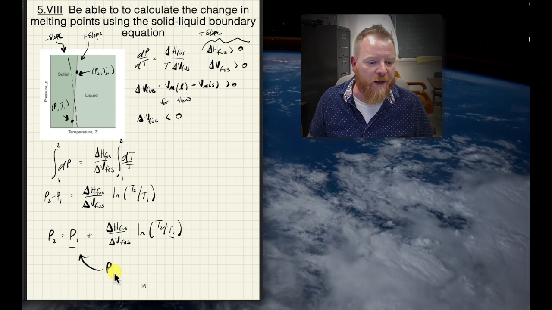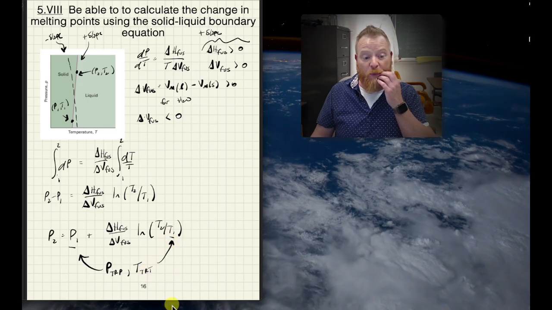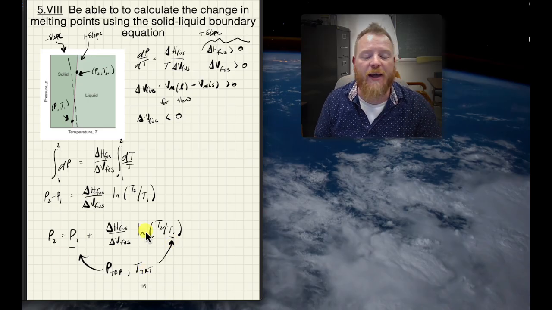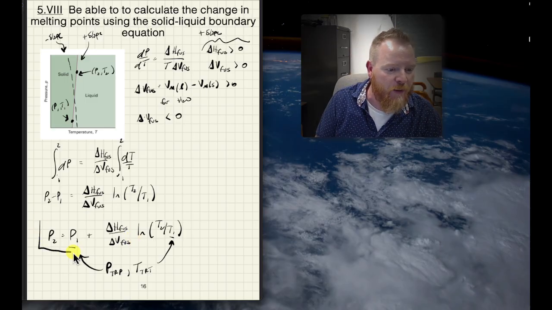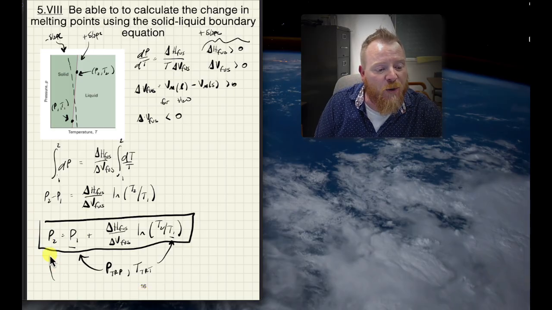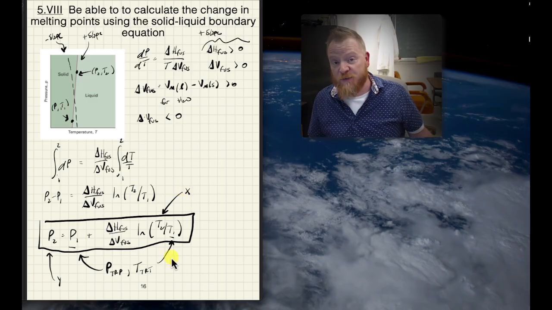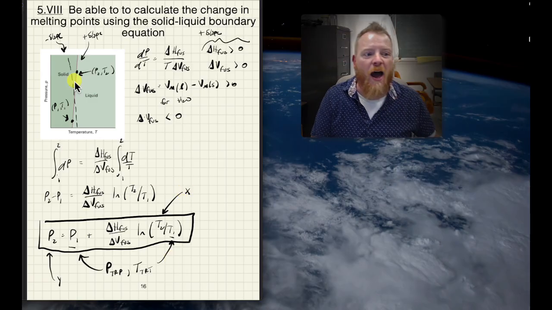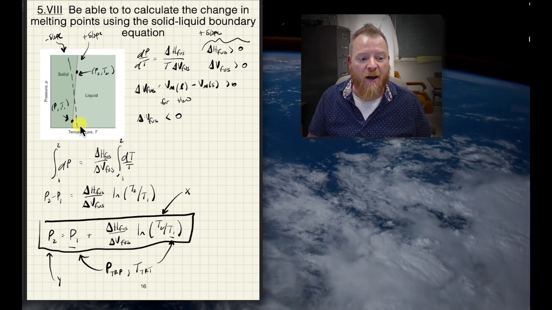So if P1 is P triple point, then T1 also has to be T triple. If we were thinking about this as a useful equation, I'm going to go ahead and box this off. Now P2 is our Y value and T2 is our X value. Thus, we could create a smooth line across a broad range of Y and X, or pressure and temperature values.